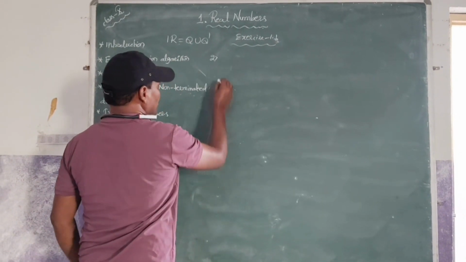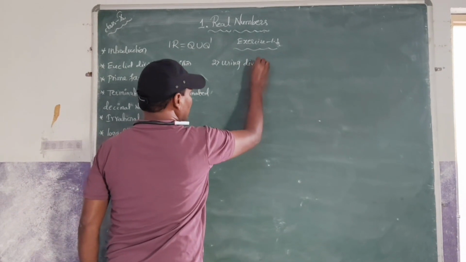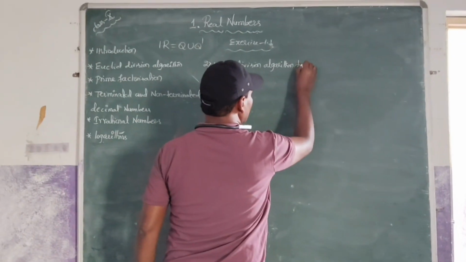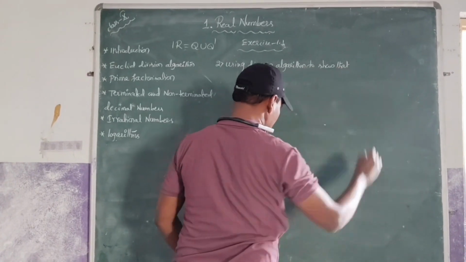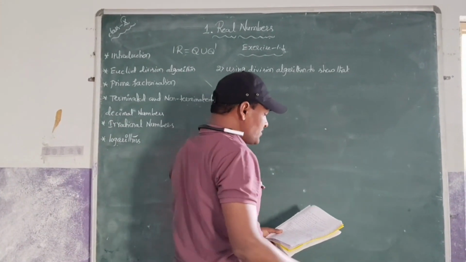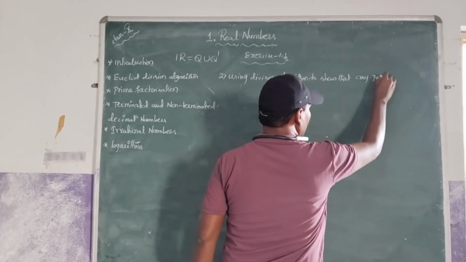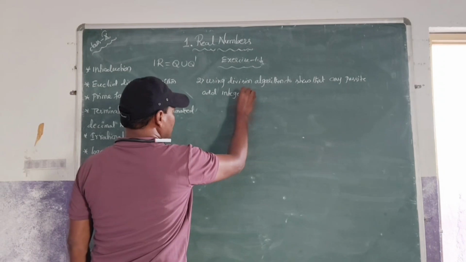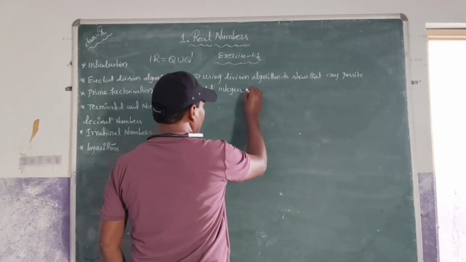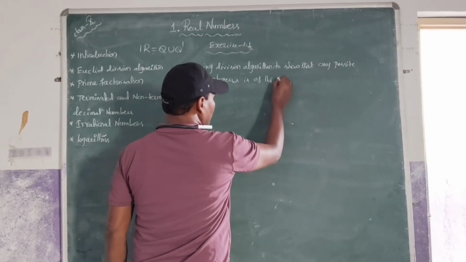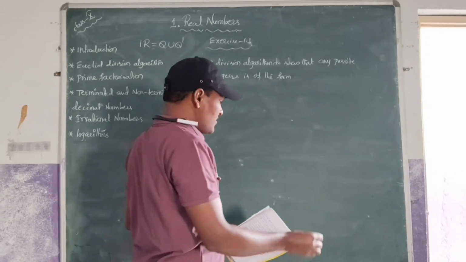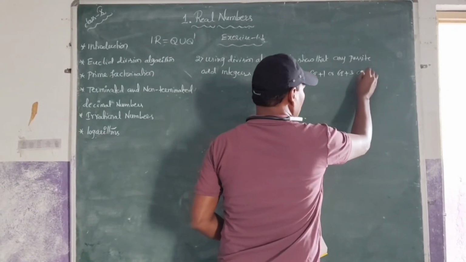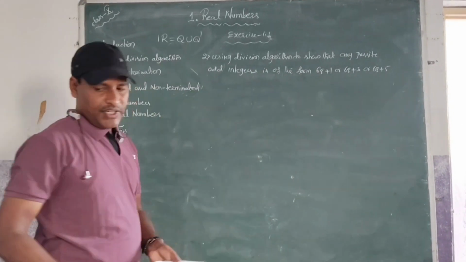Now second question: using division algorithm to show that any positive odd integer is of the form 6q plus 1 or 6q plus 3 or 6q plus 5. Here q is some integer only. This is the question.